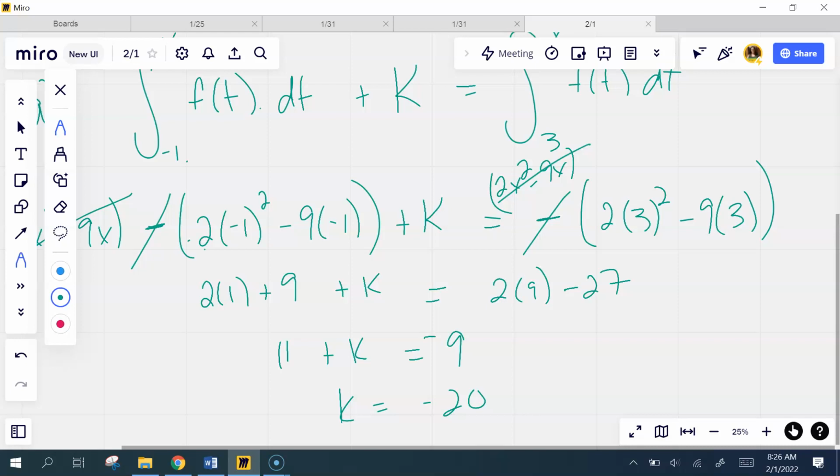I think it's supposed to be negative 20. I think I messed up on my answer.